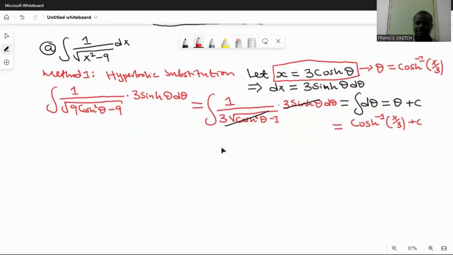Another method, which we'll call method 2, is trigonometric substitution, and the one that you can use here is letting x be equal to a sec theta. So let me write that down. You can write this as method 2, that is on trigonometric substitution.